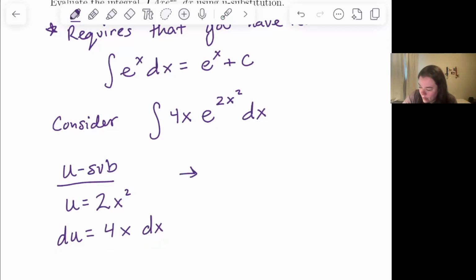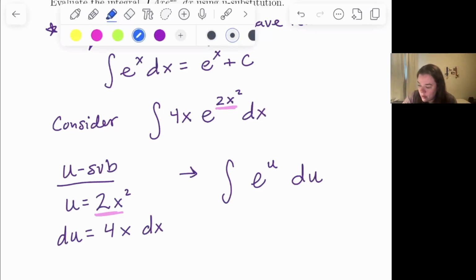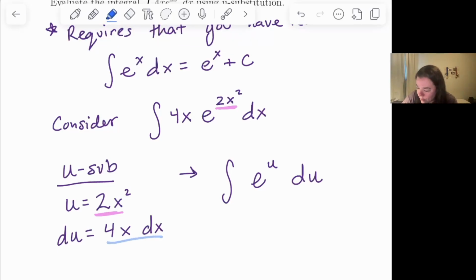So subbing in, I get e to the u du, right? Let's underline it just to highlight one more time. The 2x squared got replaced by u, and then the 4x dx got replaced by du, and I just wrote it in the back.